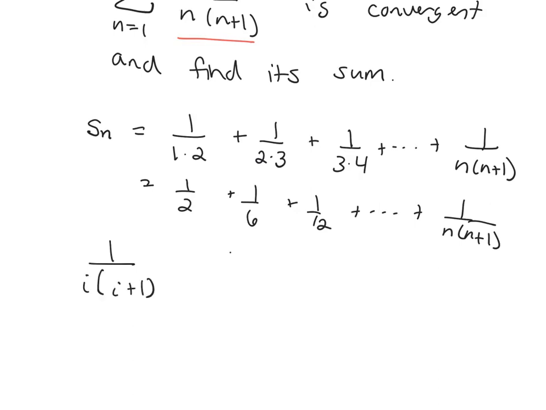This should remind you of something. If I replace this with x, these were functions that we integrated. I have a polynomial over polynomial. Do you remember how we integrated rational functions? We used partial fractions. So maybe that'll help us here.